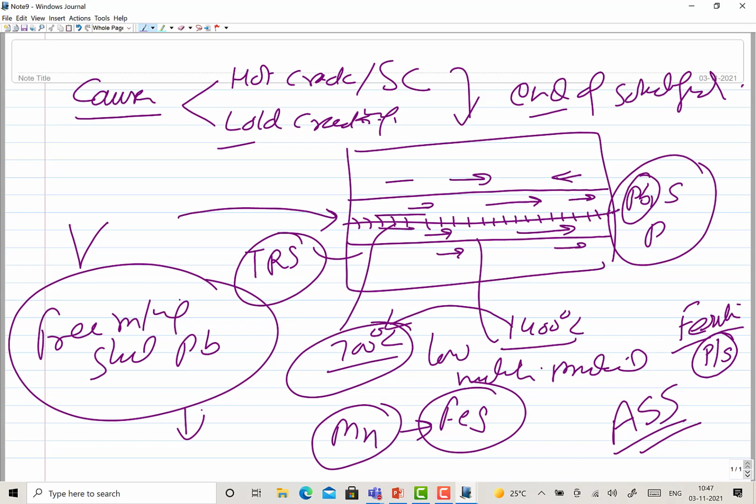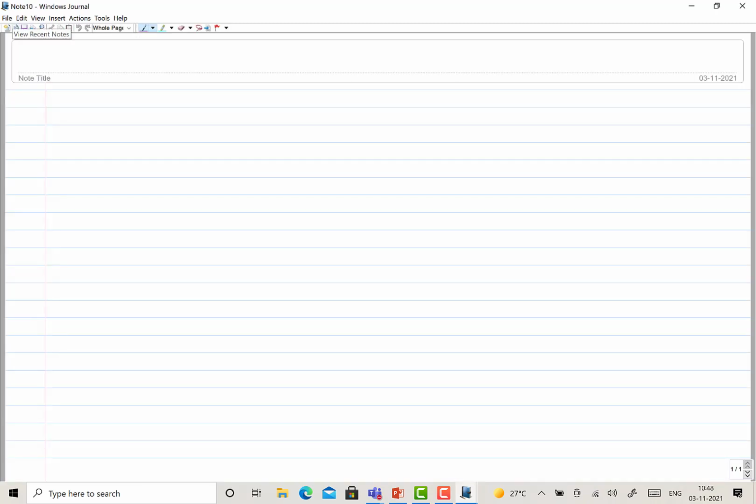So we basically avoid the welding of free machining steels, because presence of lead and high amount of sulfur in free machining steels makes the steel very crack sensitive, hot crack sensitive. So we just avoid the welding of free machining steels or the steels having a high percentage of sulfur, phosphorus.